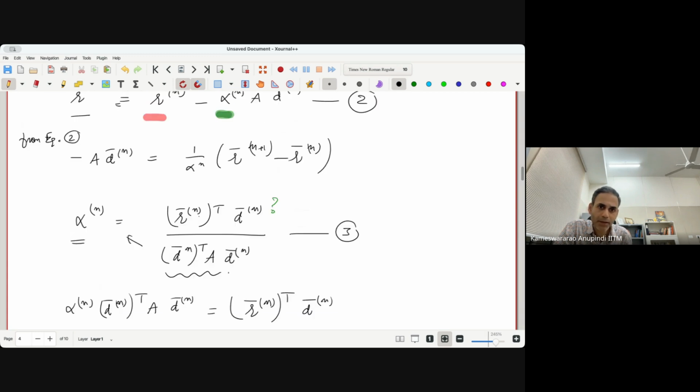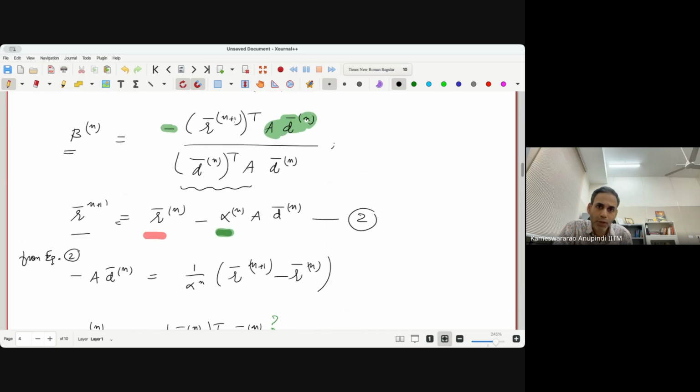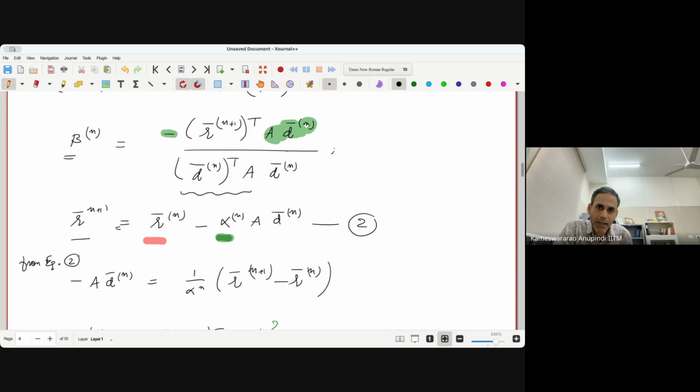So why did I multiply with alpha_n? Because when I take the numerator and substitute for minus A d_n to be this quantity, I have an alpha_n. This alpha_n will basically become part of the denominator, alpha_n d_n transpose A d_n.